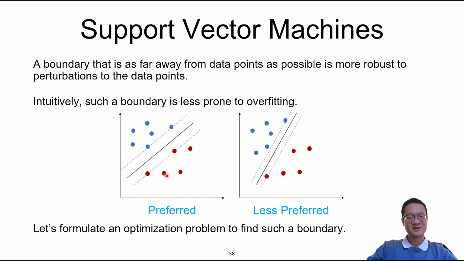And all of the other points can actually move around a little bit without affecting the hyperplane, right? The reason was that all of these support vectors have associated non-zero lambdas, whereas these other points had dual variables lambdas that are actually equal to zero. So they don't really contribute to the decision boundary.